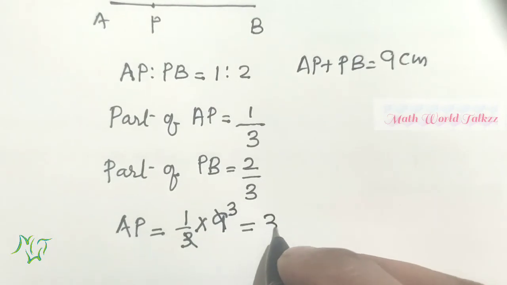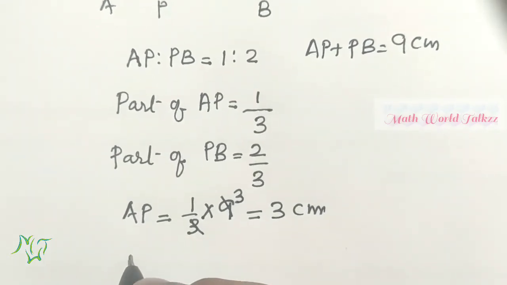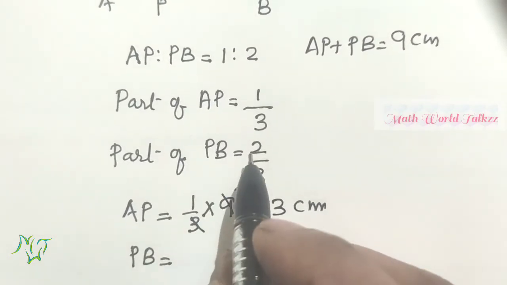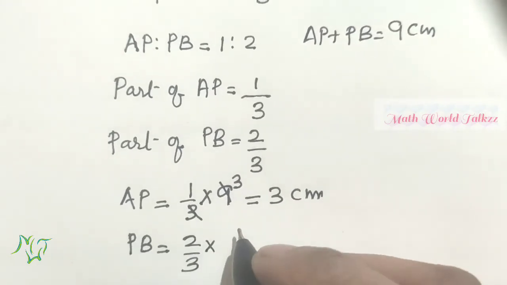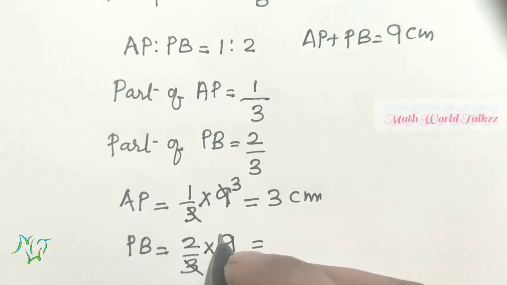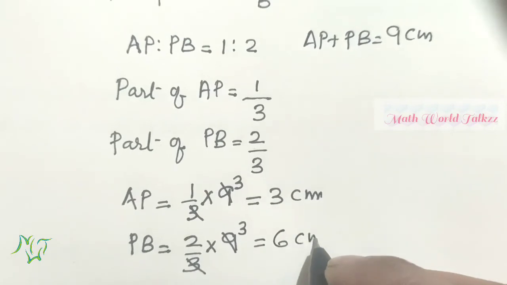So 1 into 3 is 3 centimeter. Okay. Then next is PB. PB is equal to the part of PB, 2 by 3, into the total length 9. So this is equal to, again cancel with 3. So 2 into 3 is 6 centimeter.